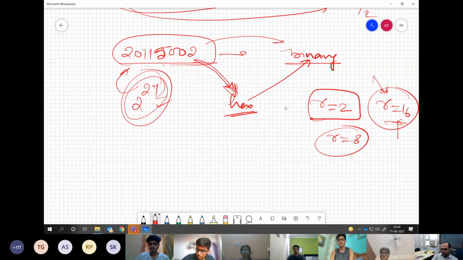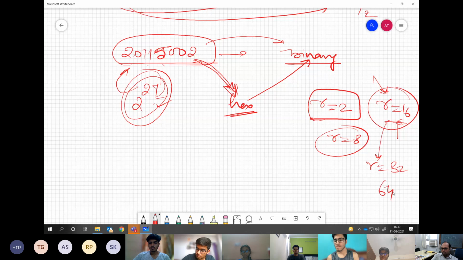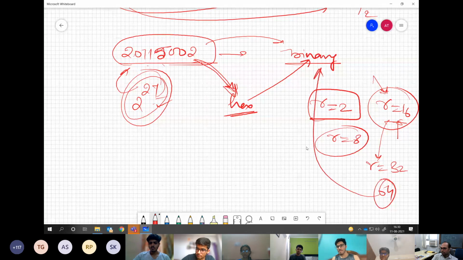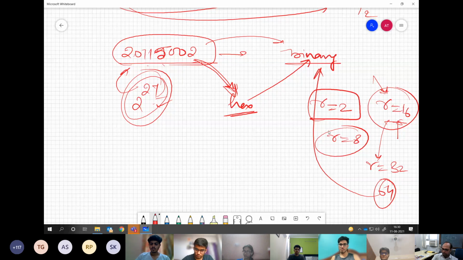You can go for any other higher R, let us say 32 or 64, and then you can come back to binary. So this is all for the smart people. You can apply your brain over there. Don't waste 1 hour on a 2 marks question and then complain later that the paper was lengthy. So this is the trick.